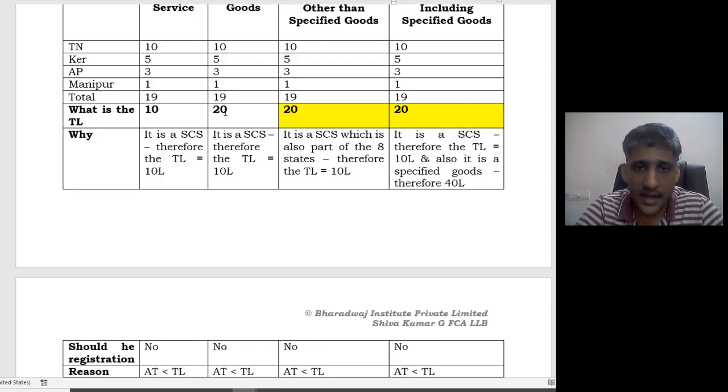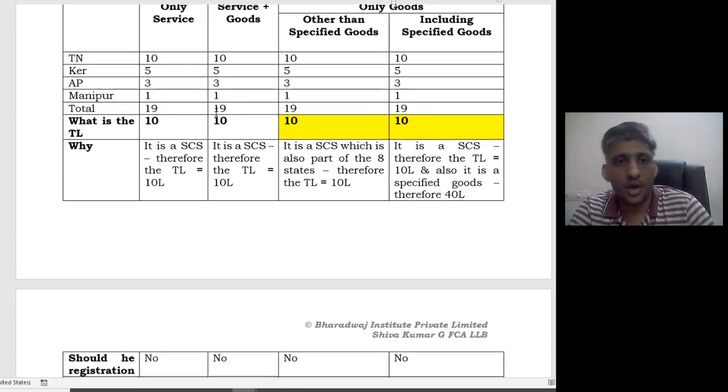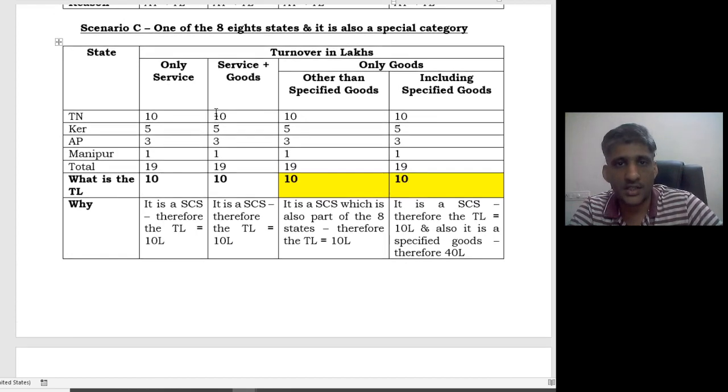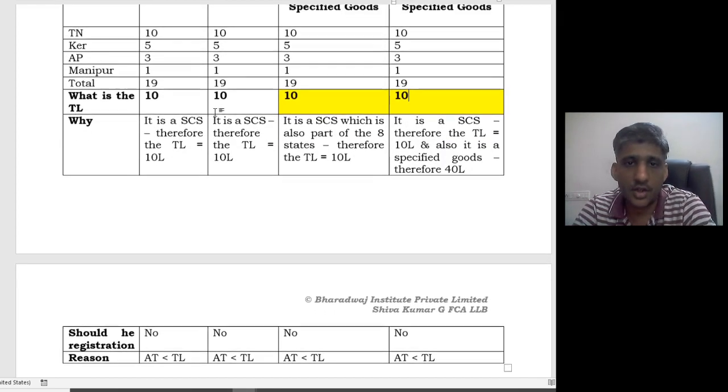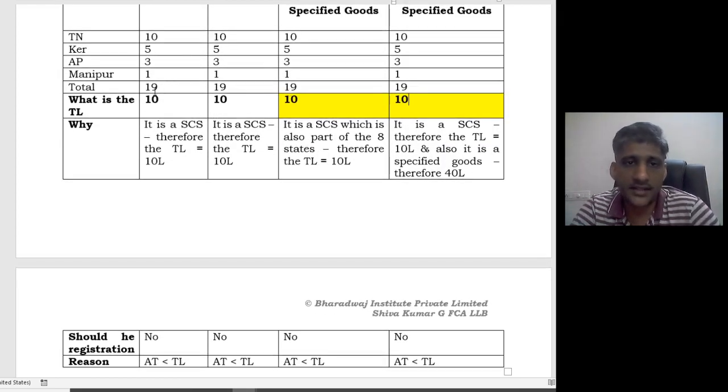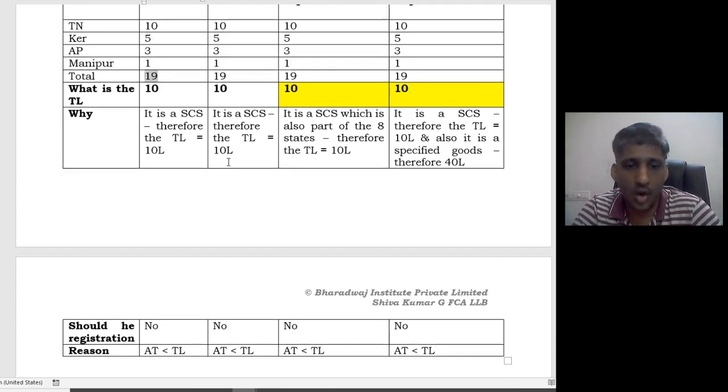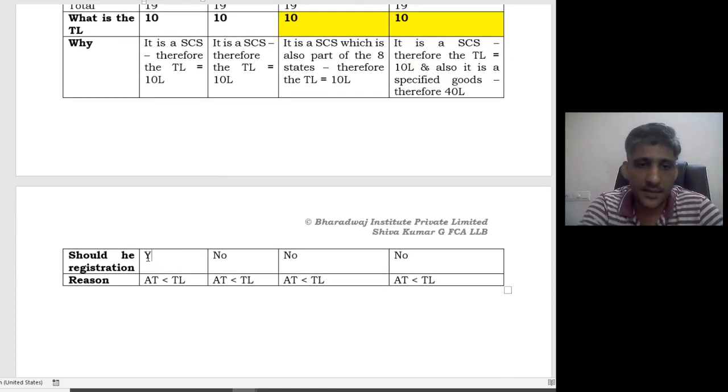So everything will become 10, 10, 10, 10, because one of the states is Manipur, which is a special category state. In all the cases, the amount is 19 lakh, which is more than 10. Therefore, should we take registration? Yes, yes, yes, yes.